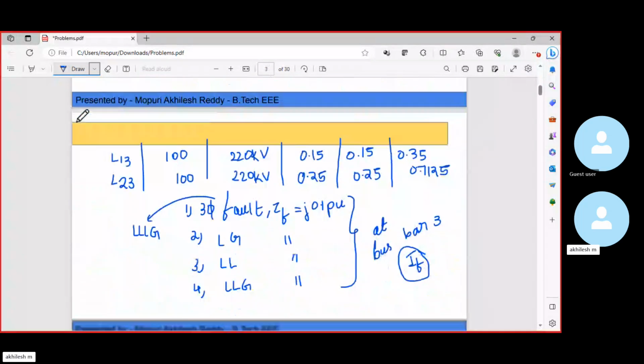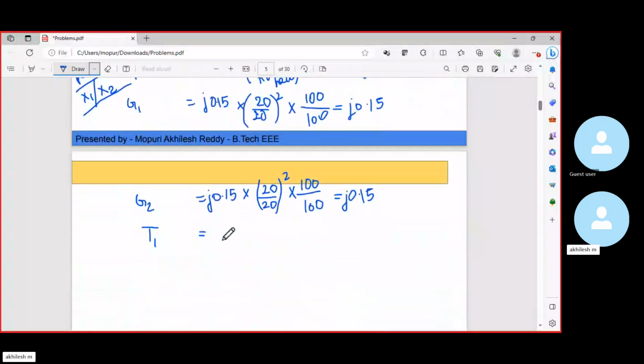It is 0.1. It is j0.1 into 20 by 20 whole square into 100 by 100. So the old per unit and new per unit will be same, that is j0.1.